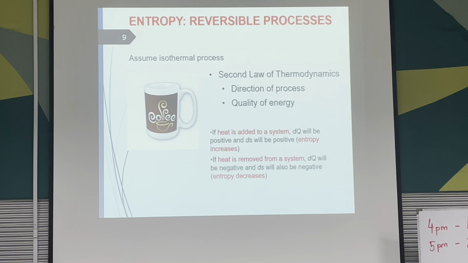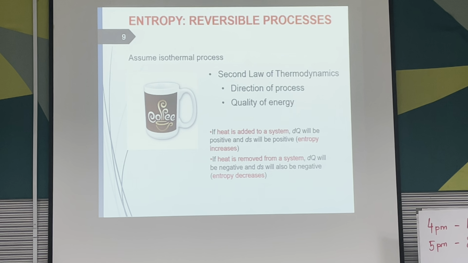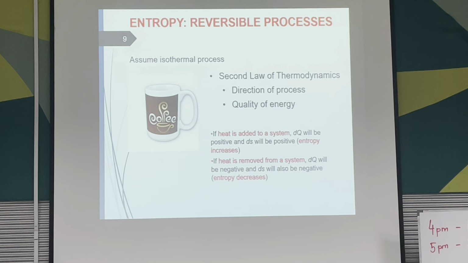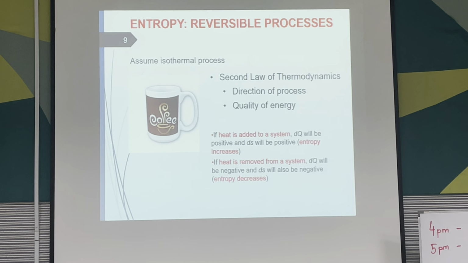So assume an isothermal process, and if you use the second law of thermodynamics, here is where things will get a bit confusing. Just now we mentioned that entropy will always increase, right? But actually if you just look at the system itself, if we ignore the surroundings, you will see that entropy actually can decrease.